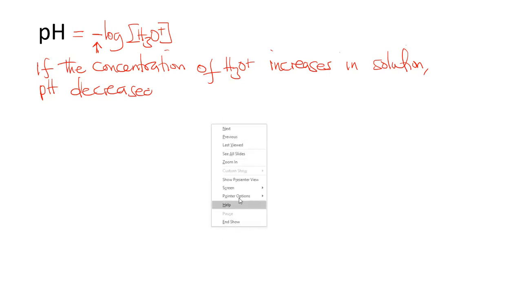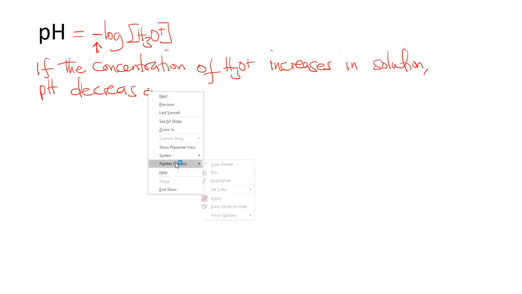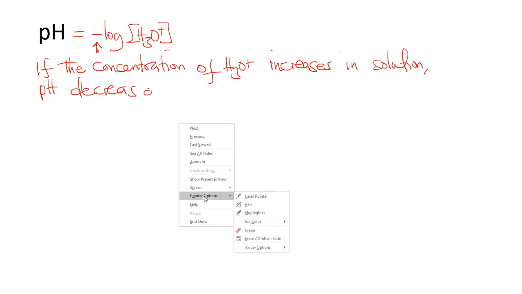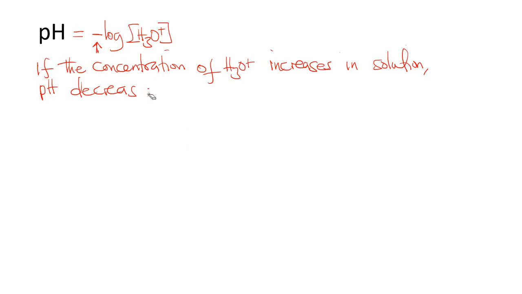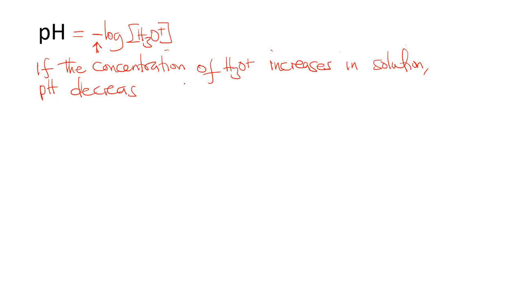So if the concentration of the acid part of the solution, that is the hydronium ion, increases, the pH of that system is going to decrease.